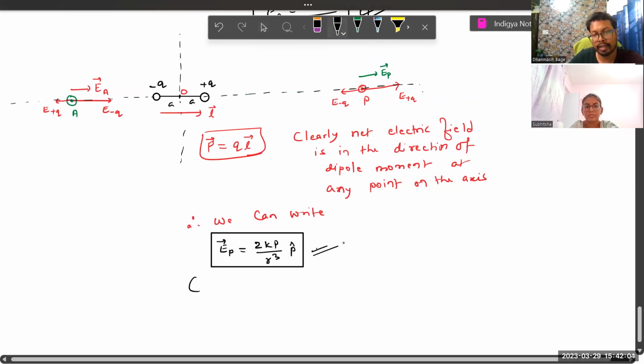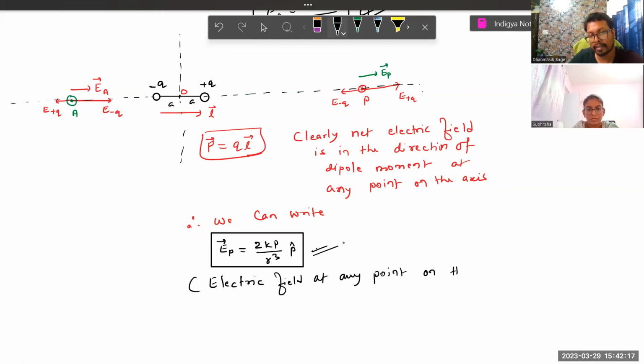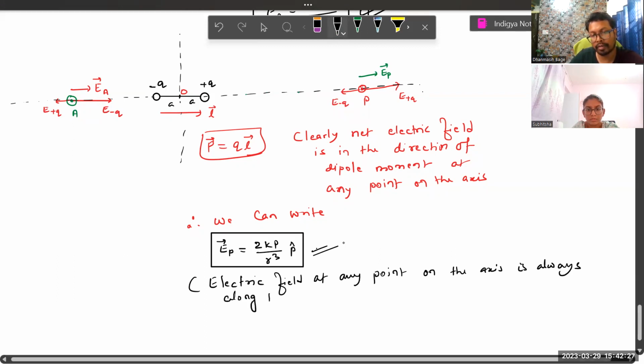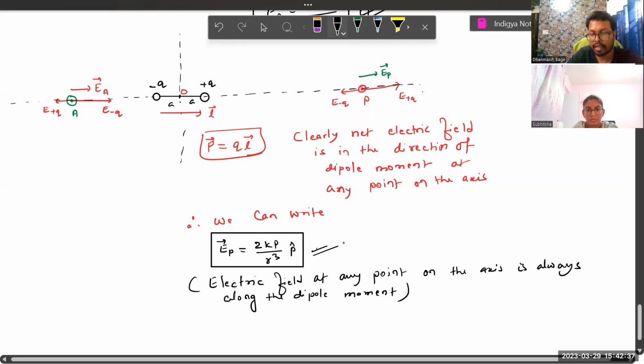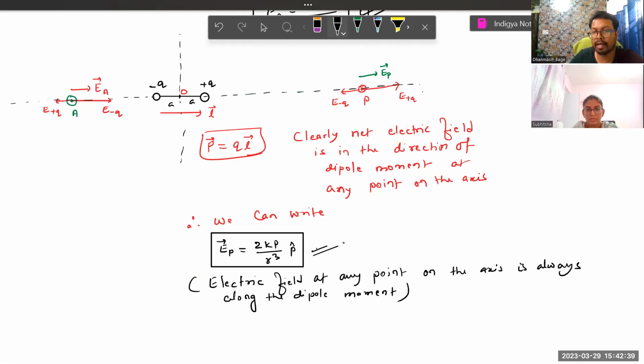Clearly, you can write: electric field at any point on the axis is always along the dipole moment. Clear this thing? And the magnitude is given by 2kp by r cube.